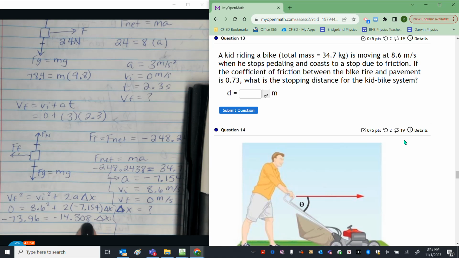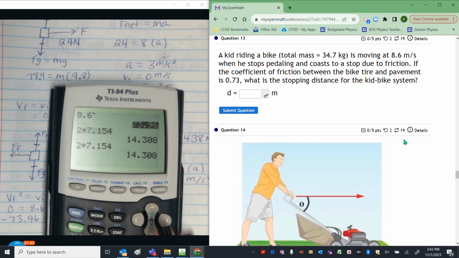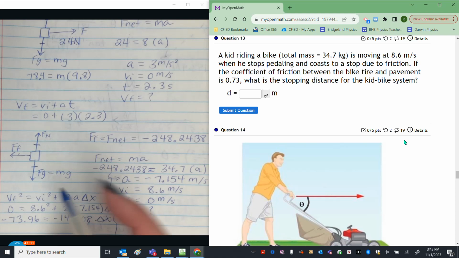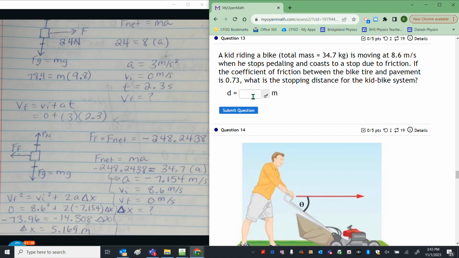The negatives are going to cancel. So it ends up really just being 73.96 divided by 14.308, which is equal to 5.169 meters. So that would be the stopping distance.